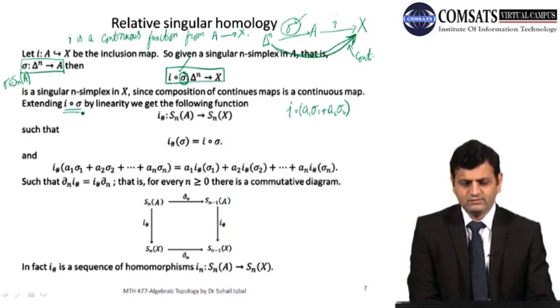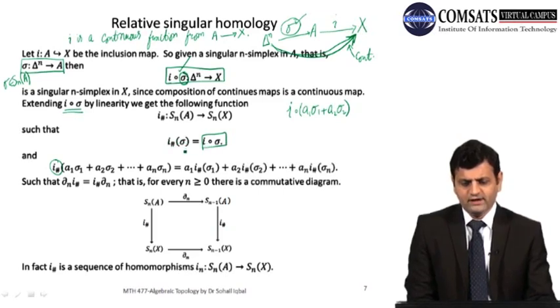When I say extend this by linearity, it means the following. When I apply this I hash, which is basically I composition sigma, sometimes people call it I sharp. When you apply this I sharp on sigma, this is equal to I composition sigma.